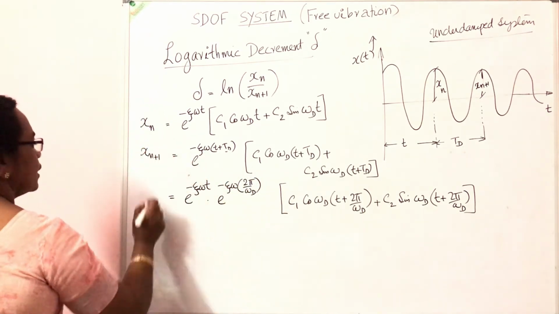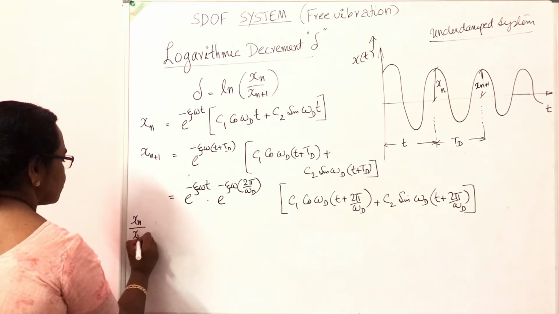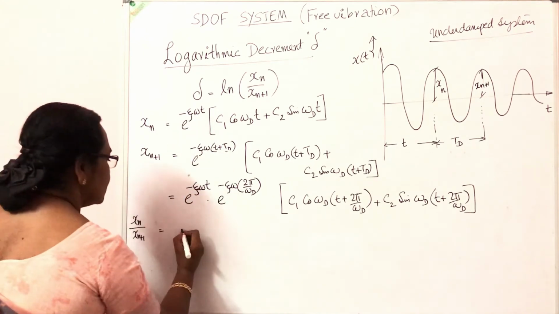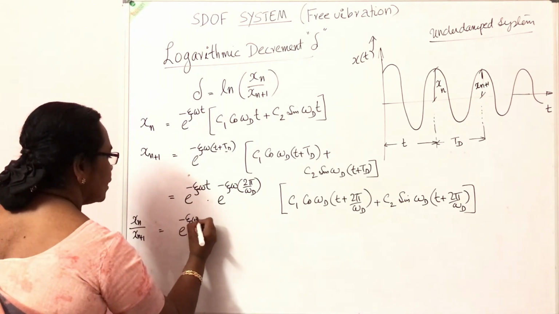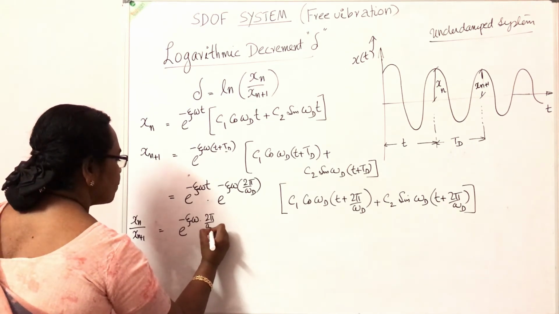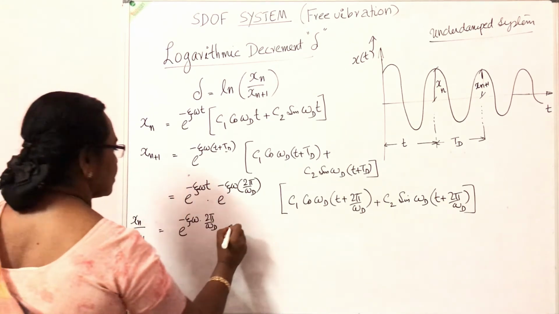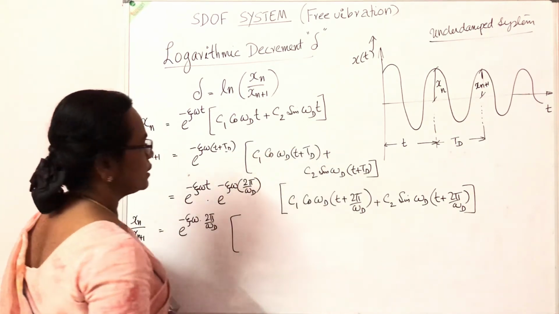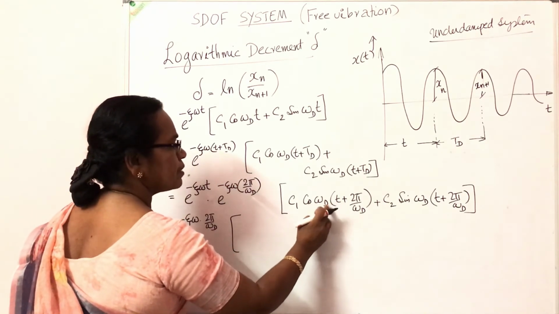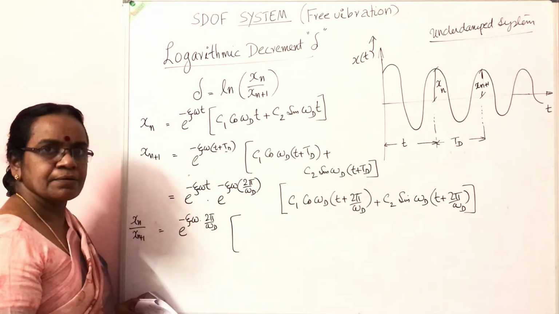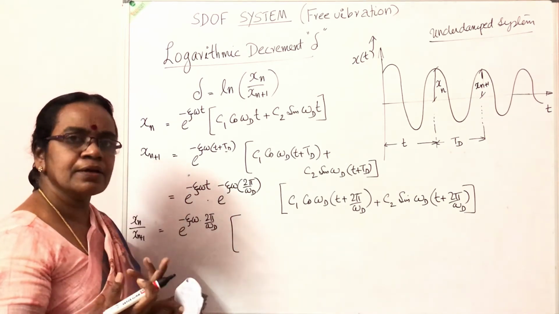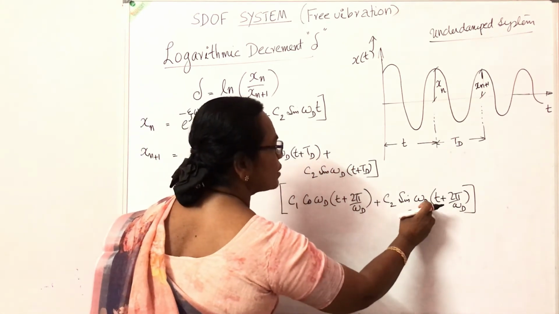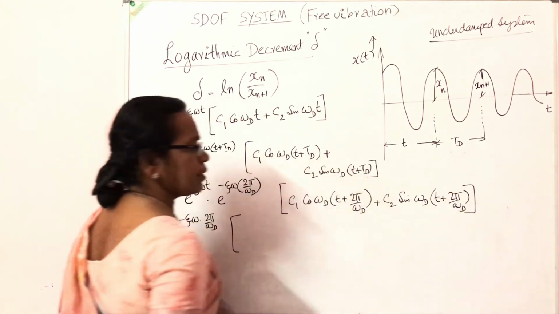Now I will do x n by x n plus 1. So dividing this by this, these two get cancelled. We get e raised to minus psi omega into 2 pi by omega d in the denominator. Here c1 cos omega d t plus c2 sin omega d t. Here you see it is cos of omega d t plus 2 pi. Cos theta plus 2 pi is the same as cos theta. Similarly for sin of omega d t plus 2 pi.